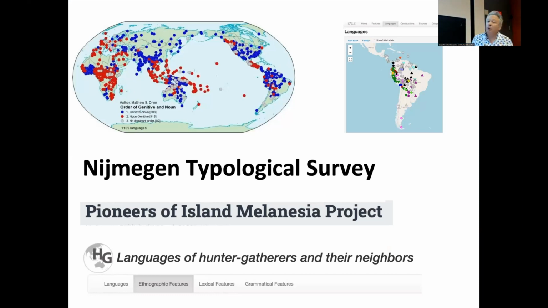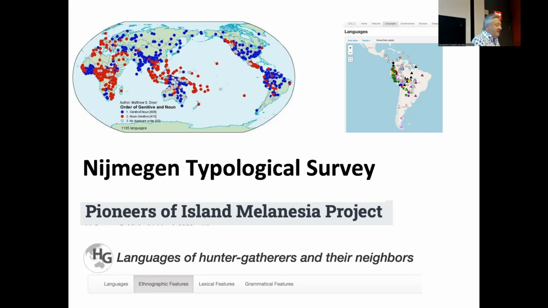In no particular order, they are, of course, the WALS project that was led here by Martin Haspelmath and colleagues in Leipzig, the SAILS project from Nijmegen, the Nijmegen Typological Survey, the Pioneers of Island Melanesia project, I wave to Michael over there, and the Hunter-Gatherer Languages project that Claire Bowern and Patrick Epps and colleagues launched. All of those, I think, informed a lot of the decisions that were made about the Grambank project.